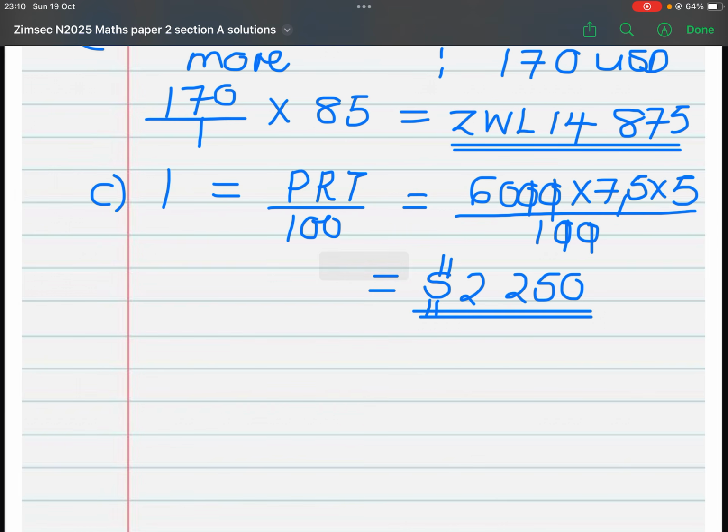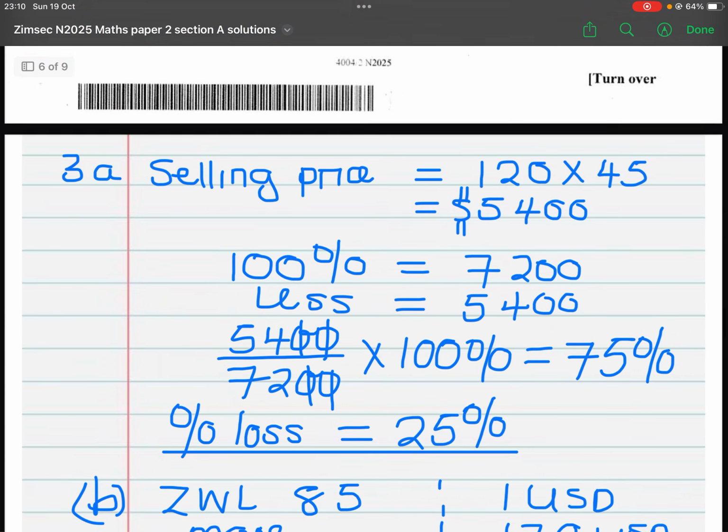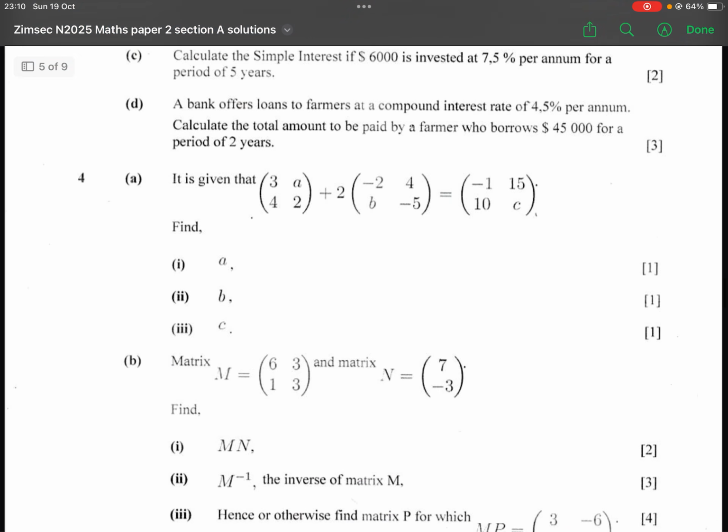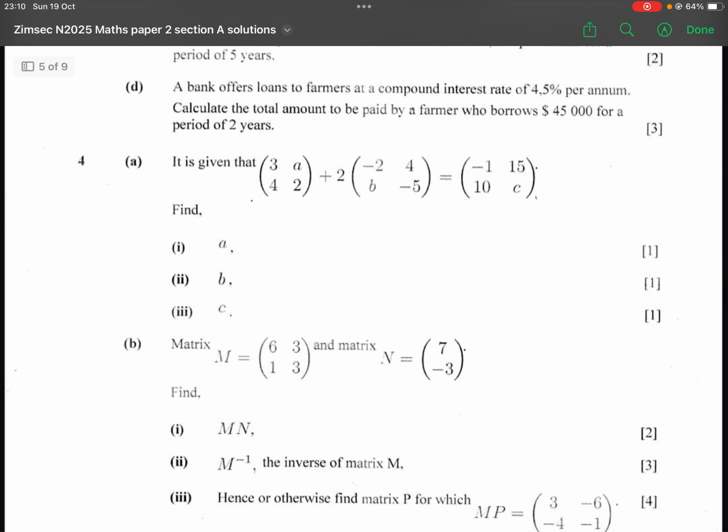And then on part D, let us see what the question is saying. On part D, a bank offers loans to farmers at a compound interest rate of 4.5% per annum. We are required to calculate the total amount to be paid by a farmer who borrows 45,000 for a period of 2 years, right?